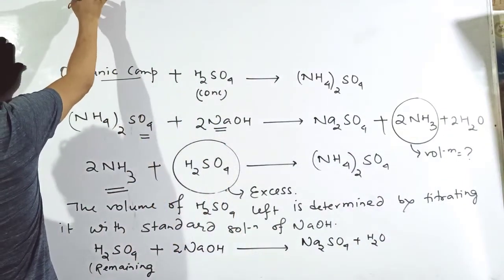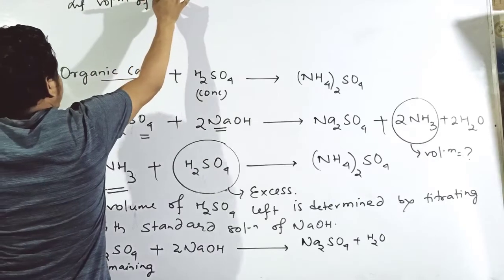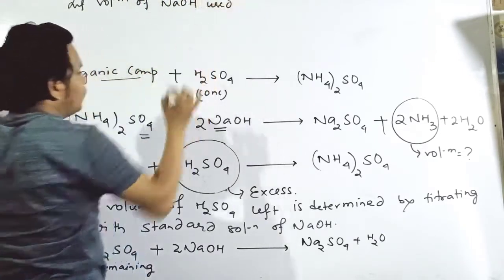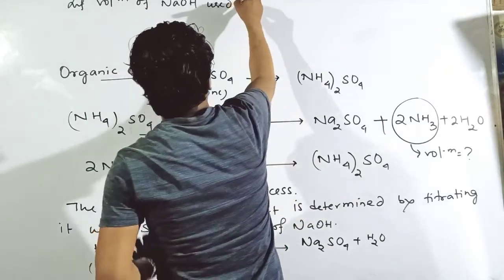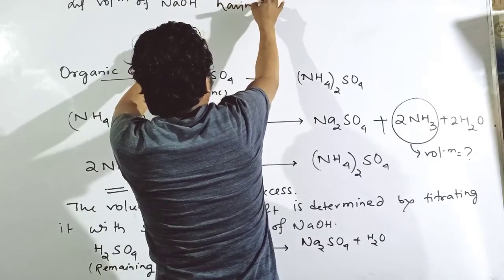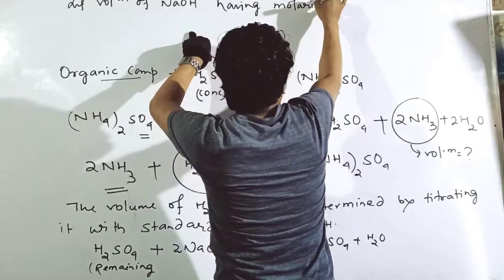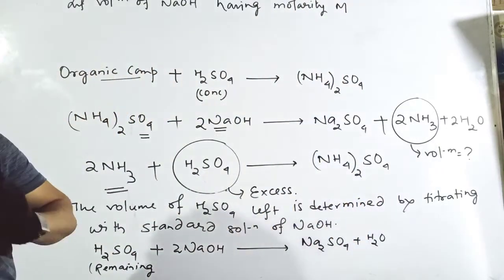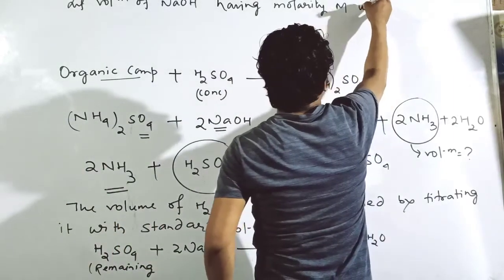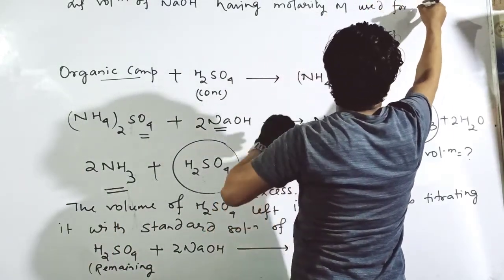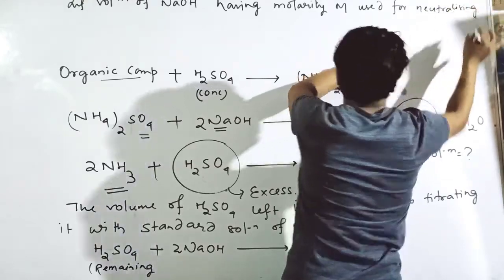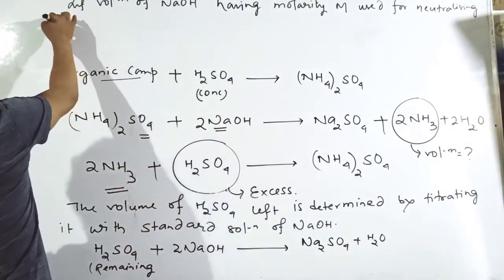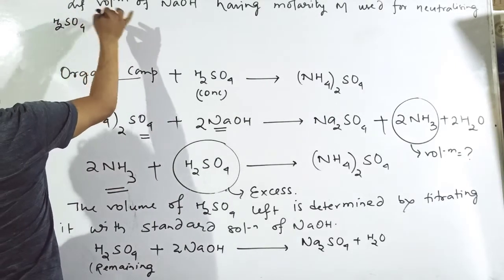Let the volume of NaOH used, having molarity M, for neutralizing sulfuric acid be V1 ml.